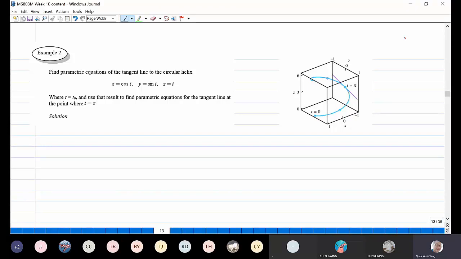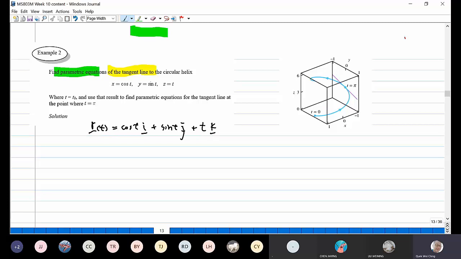Find the parametric equation of the tangent line. Don't get confused, there are two parametric equations here. The first one is the original curve, r(t), which is given to you as r(t) equals cosine t i plus sine t j plus t k.